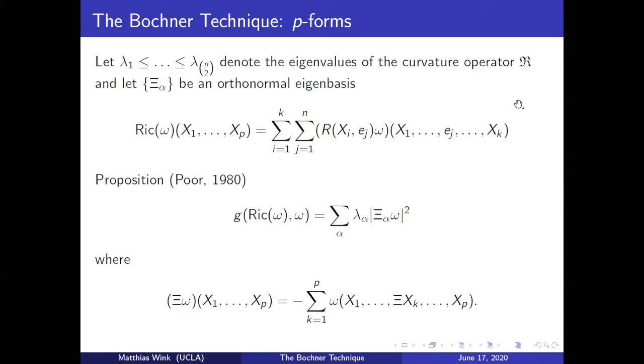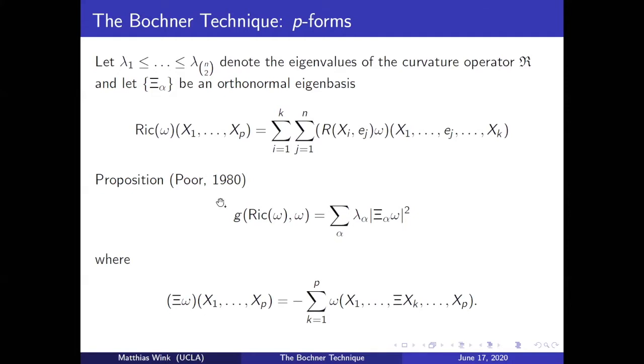Okay, so if we go back to our formula up here, there's the Ricci identity, which tells us if we want to apply the curvature tensor to omega, that is the same as applying the curvature tensor to each individual argument and summing over, up to a sign. So that formula down here really incorporates the same action up here.